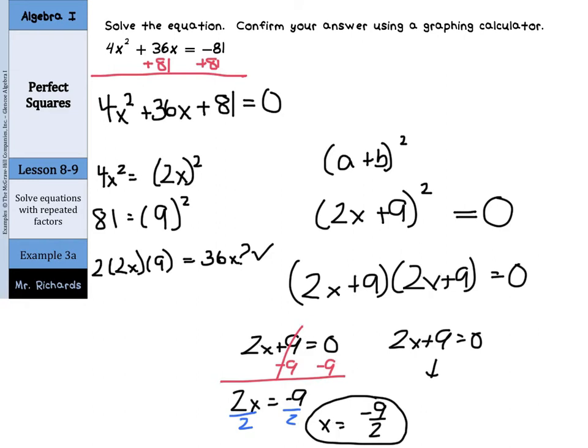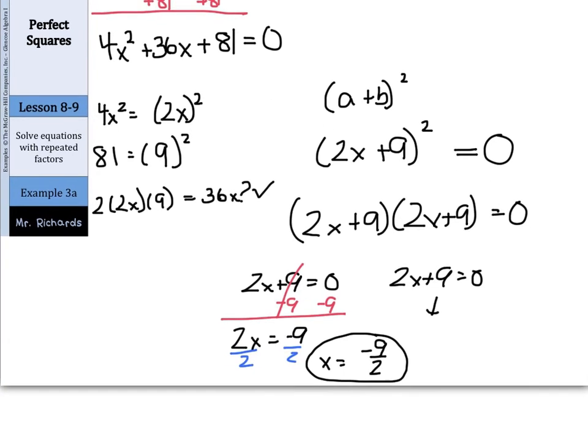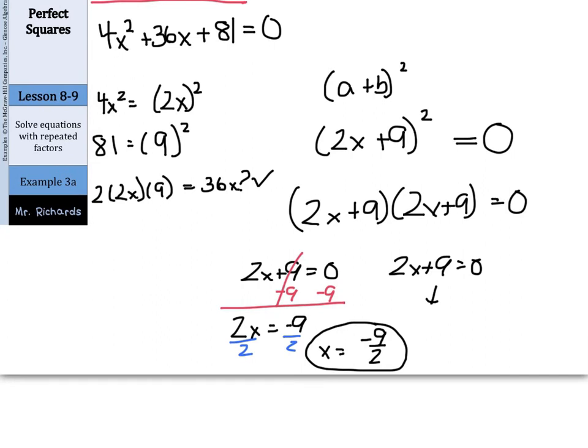Now to confirm your answer using a graphing calculator, we're going to use this part of the equation here, and I'll slide this up so we can have a little more room. We have y equals 4x squared plus 36x plus 81.